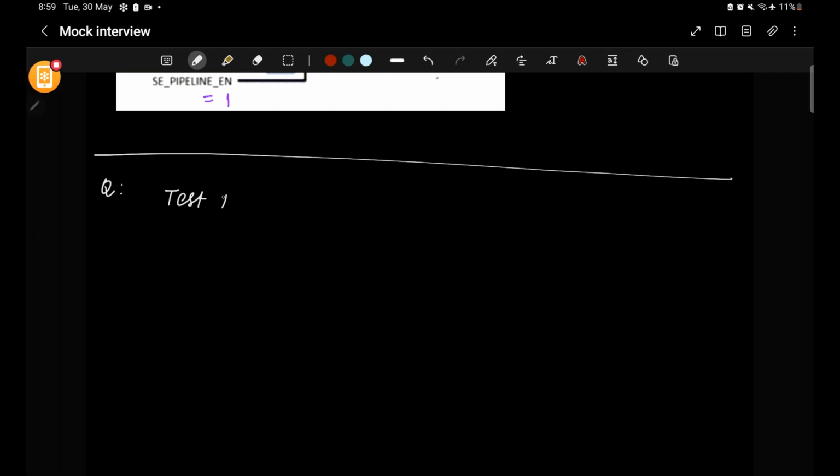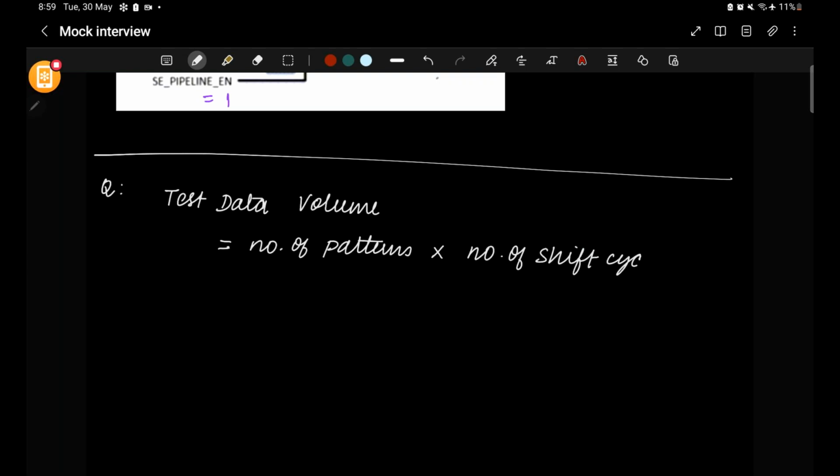So test data volume, the formula is number of patterns into number of shift cycles per pattern into number of channels.